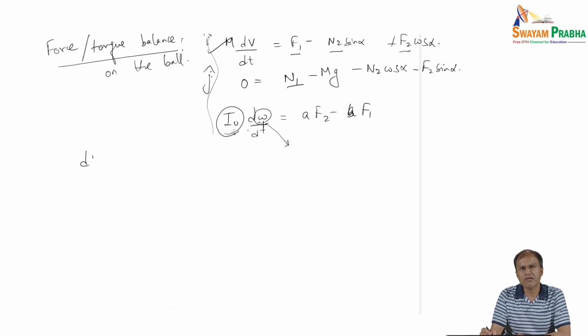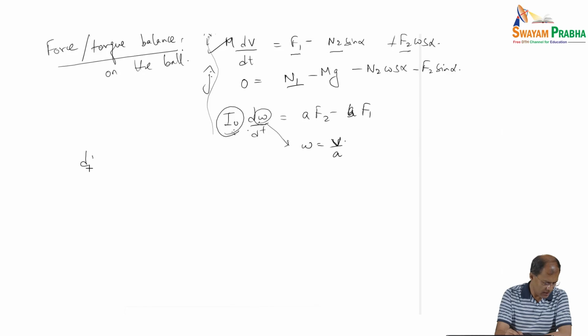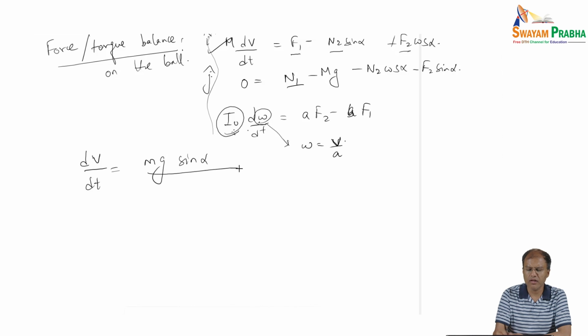We cannot have a 6th unknown because the number of equations is 5. So we can apply omega to have the rolling condition. Omega is v over a, and then we get our acceleration of the system dv/dt as mg sin alpha, after solving all these 5 equations, over m plus I0 by a squared plus m1 plus cos alpha.